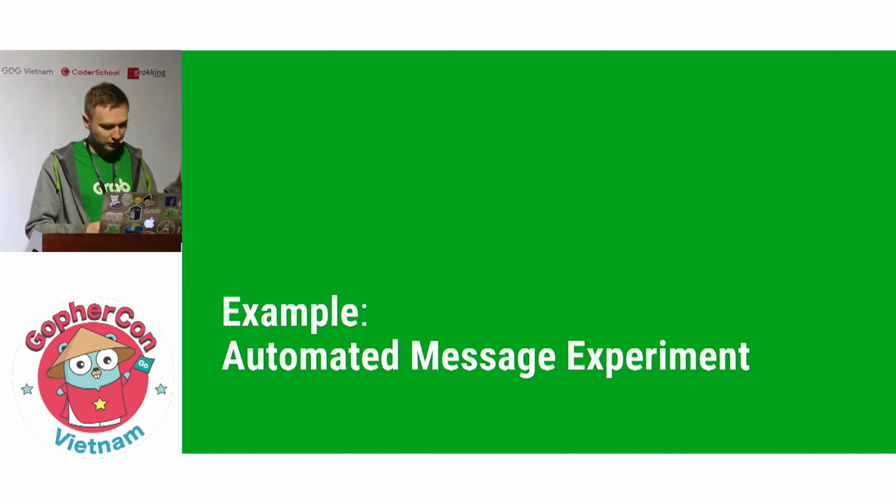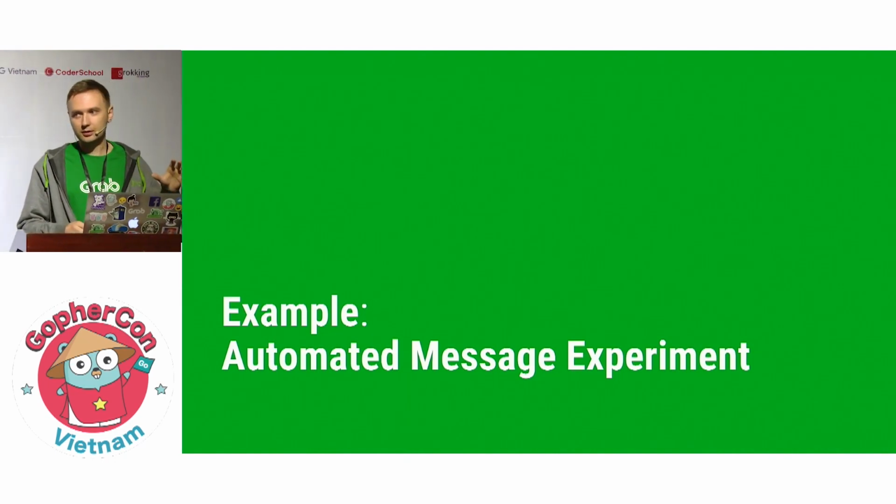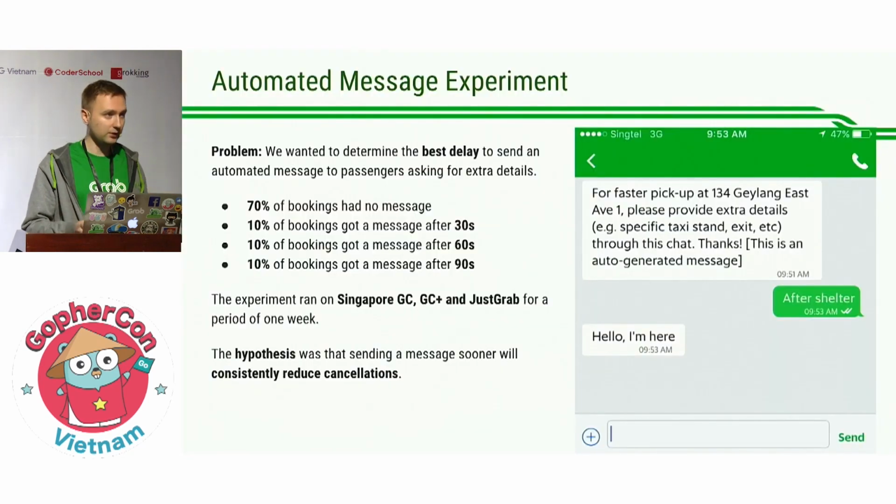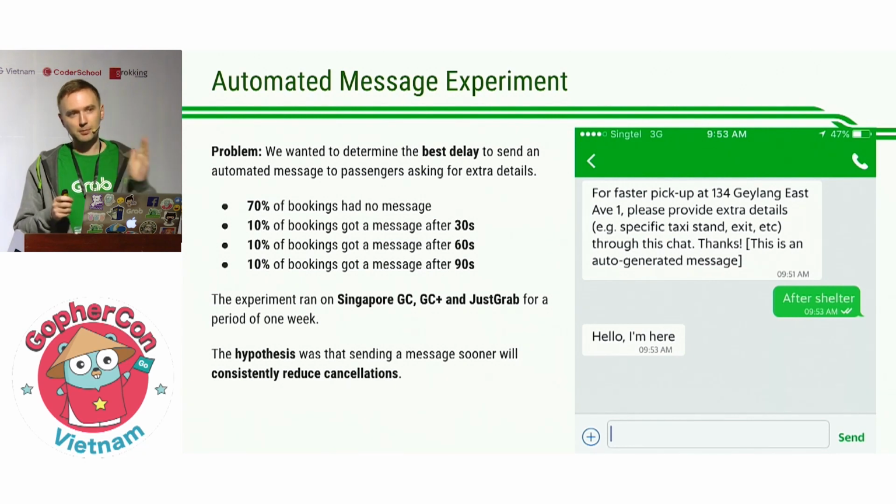Let me give you an example of one of the first things we did to try to fix this with the experimentation platform. This is one of the very first experiments we ran. People wanted to try sending a message in Grab chat as soon as a booking starts. The message gives a pickup address and asks the passenger to provide some more information.